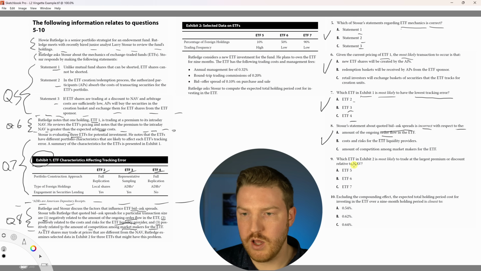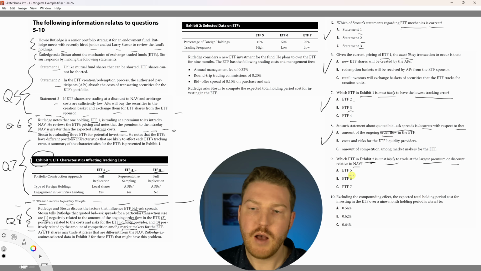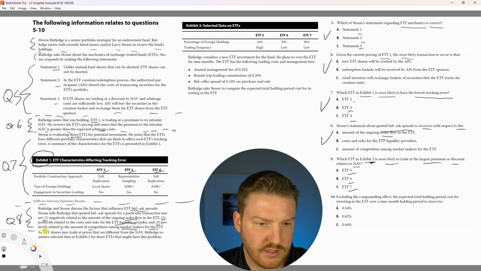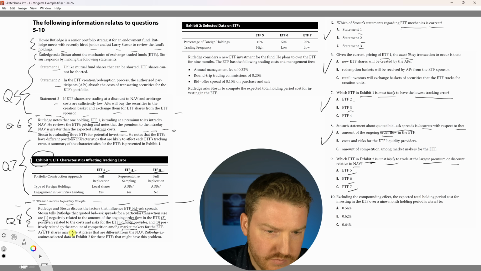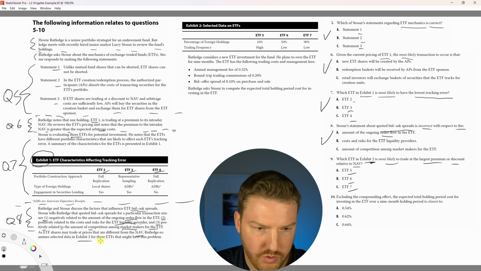Now I'll go to question 9. Which ETF in Exhibit 2, okay, so I see Exhibit 2, is most likely to trade at the largest premium or discount relative to net asset value? My options are ETF 5, 6, and 7. So now I'm going to go where I stopped the last time and look at, okay, so we have ETFs, net asset value, so that's relevant. Exhibit 2, 3 ETFs.